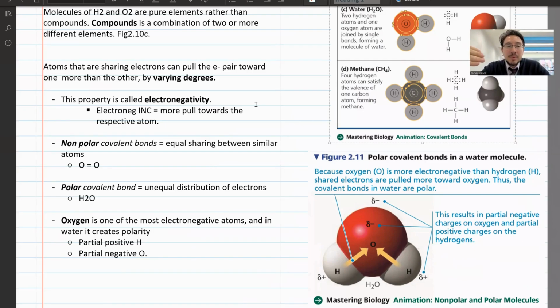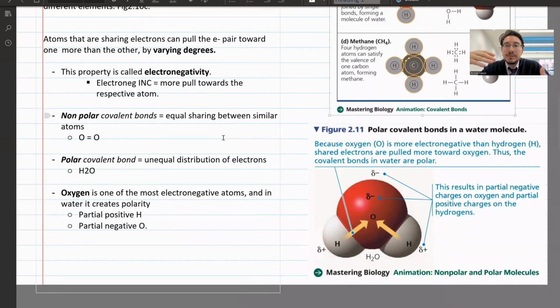Sometimes one atom pulls the electrons more towards itself than the other, to a certain degree. This idea of unequal sharing, because one atom is pulling more than the other, is referred to as electronegativity. Some atoms are very electronegative, and as you increase electronegativity, you pull electrons toward that respective atom.